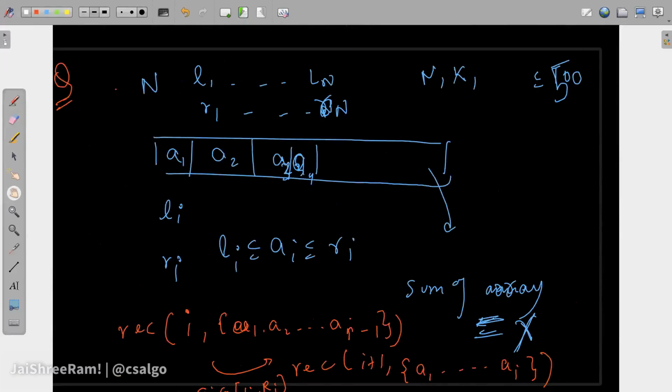Let's say li and ri can be up to 10 to the power 9. How do we solve it now?